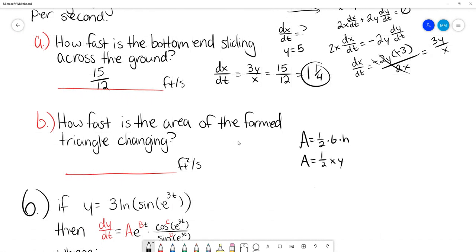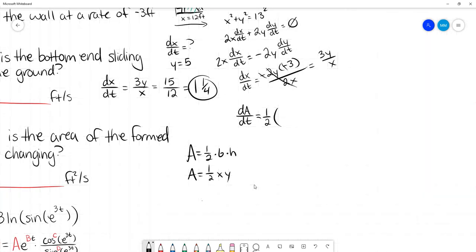And we're looking for how fast the area is changing, which means we want the rate of change of the area with respect to time, or dA/dt. So I'm going to take the derivative of this. Well, I know it's going to be 1/2 times whatever the derivative of x times y is. Well, I need to use product rule here, because it's an x times a y.